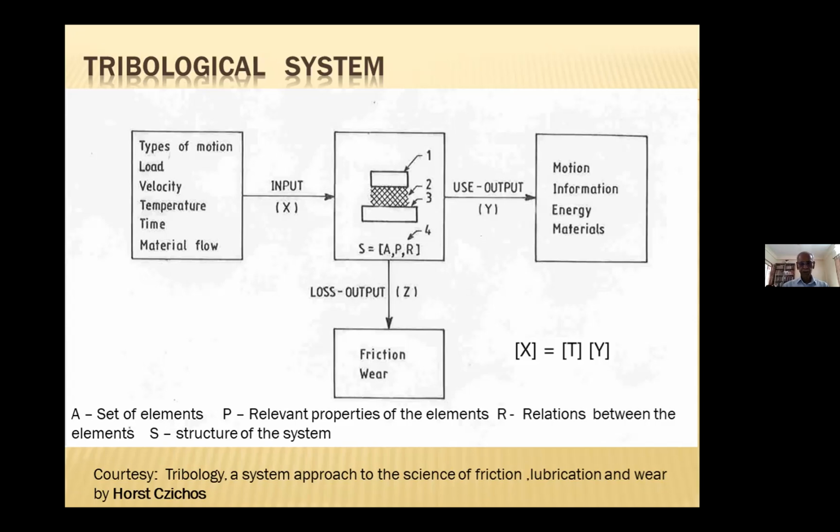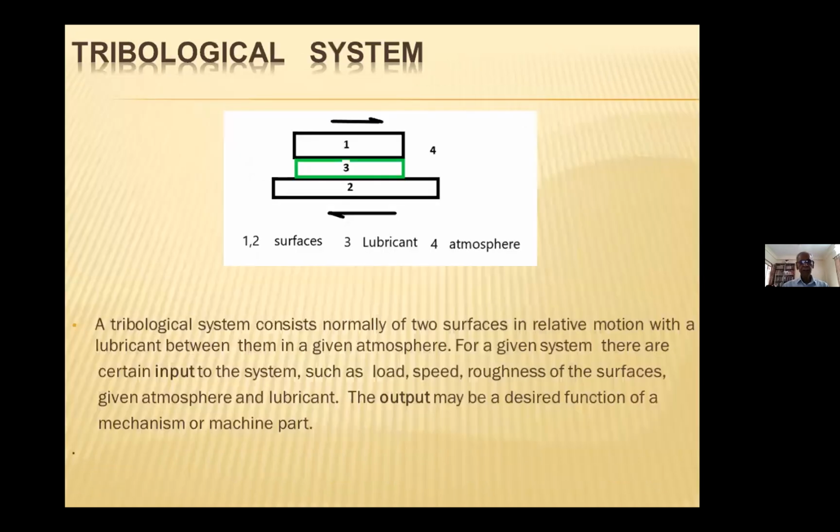But till now, we depend very much on experimental and empirical data. On this slide, I have written whatever I've just said. The system consists of three main things: two sliding surfaces, 1 and 2, and 3 here is the lubricant.